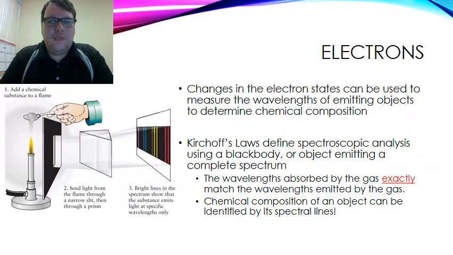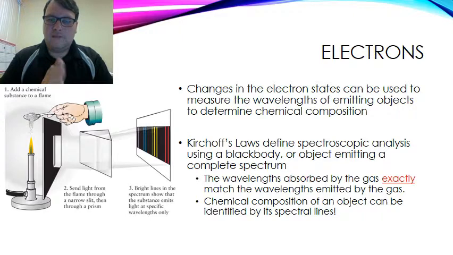So, if I'm looking at how I can determine chemical structure from light, let's take a very simple experiment. You can see the diagram on the side. If we have a light source and we know what the light source is, then if we add some kind of chemical to that light source, in this case we're adding a salt to a flame, and we filter this light and split it, refracting the light through a prism, we will see the light of the actual light source as well as the light that is being emitted due to changes in the salt that was added.